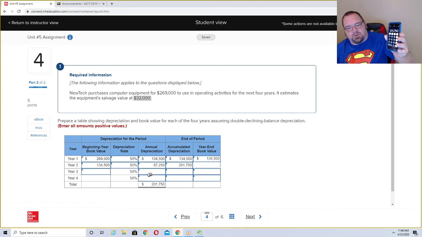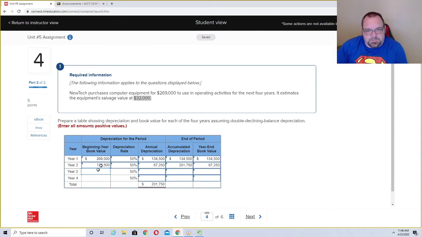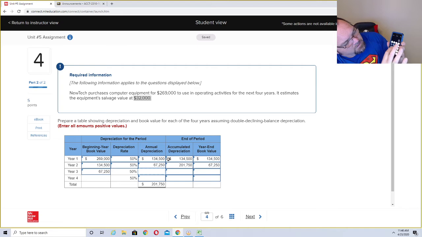So our year-end book value is the cost of $269 minus the new accumulated of $201,750, which is $67,250. We're going to bring that forward too. So $67,250, and we're going to multiply it times 0.5. $33,625.